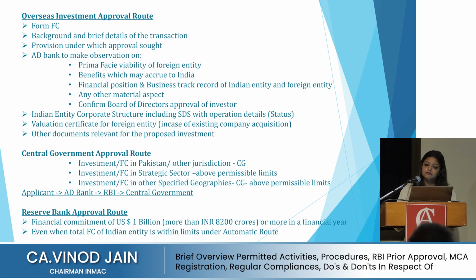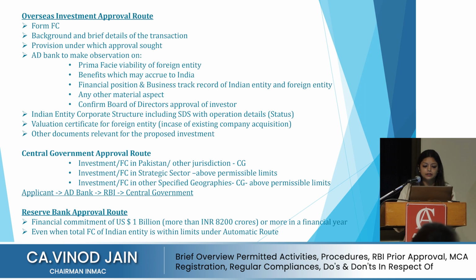The background and brief details of the transaction are to be given. The provisions under which the approval is sought are to be marked in that form. The AD bank will make observations on the prima facie viability of that foreign entity. It just needs to understand that nothing illegal is being conducted, so they'll do their basic homework. The prima facie viability of the foreign entity will be seen.